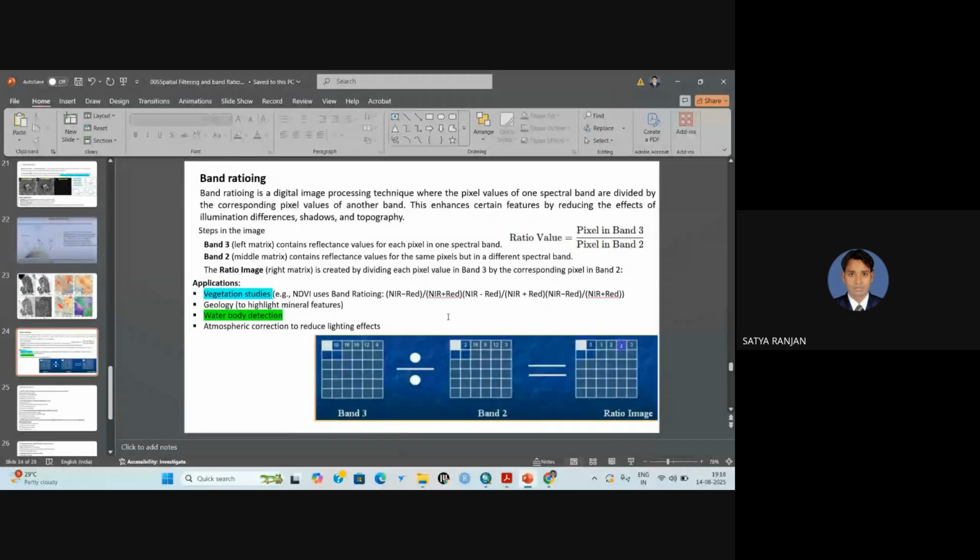Generally, in high pass filter kernels, the middle value is positive and all the surrounding values are negative. There are six kernels of high pass filters given in this table.